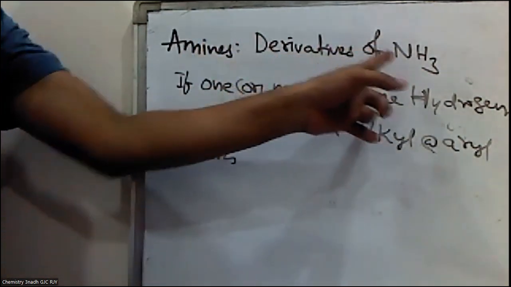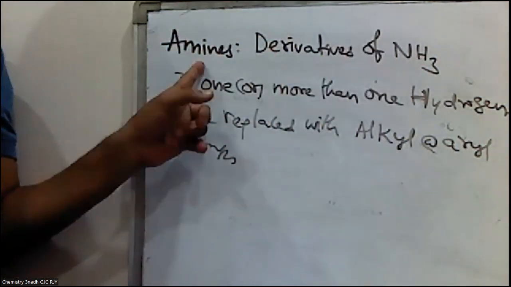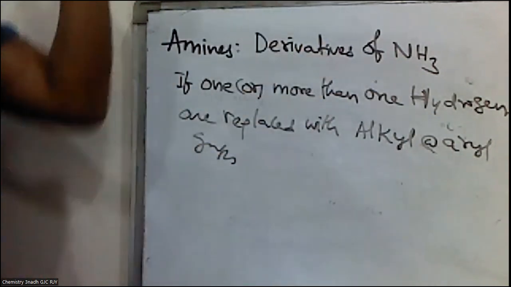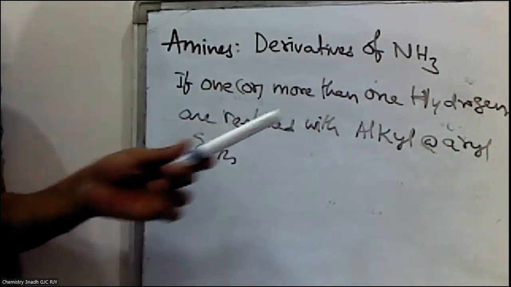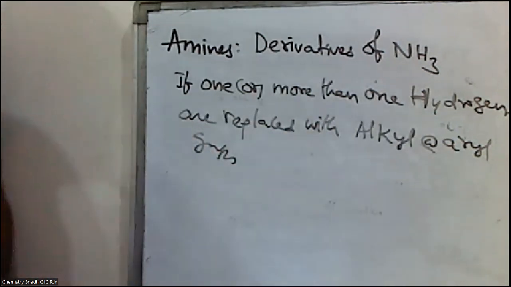These are obtained by replacing one, two, or all the three hydrogen atoms of ammonia with alkyl or aryl groups.